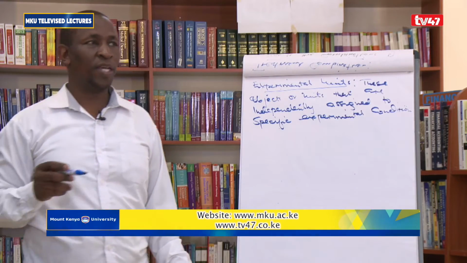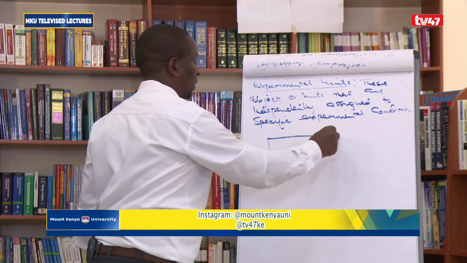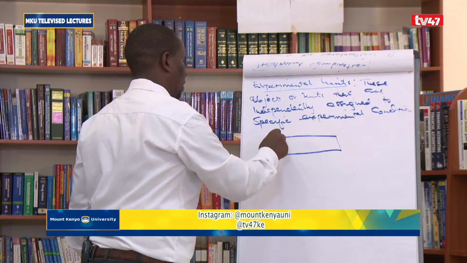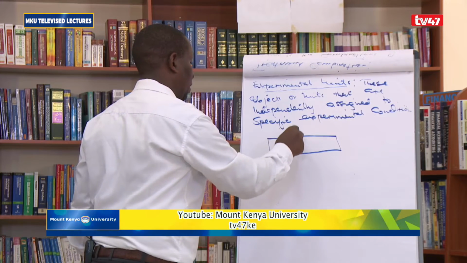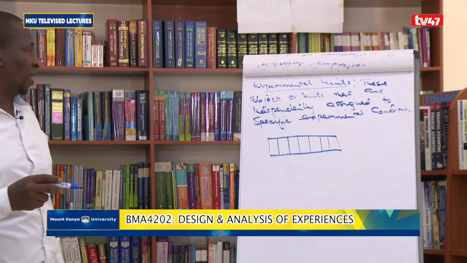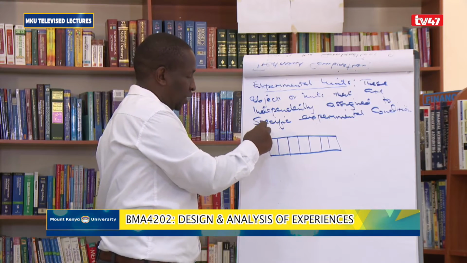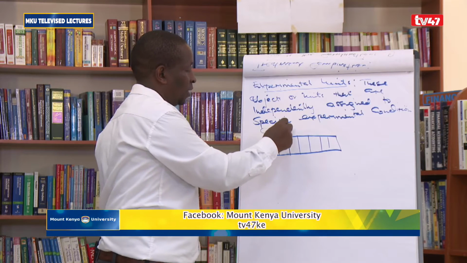We can think of the experimental units as those plots, take for example the example on carrots in plots.